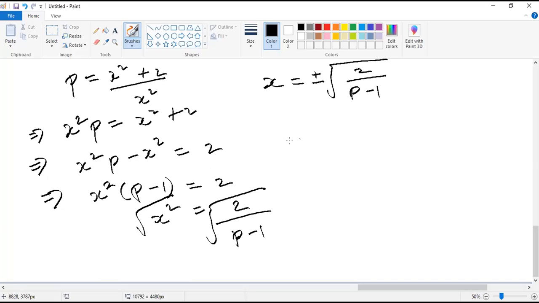But if they don't tell you anything and they just say, make x the subject of the formula, then of course if you end up in a situation like this, I put plus or minus at the front, right? Otherwise they don't have to put anything and it would mean the positive square root. All right, so that's really it. The other questions follow suit. I can probably do one more out of the two, and that would really be it.